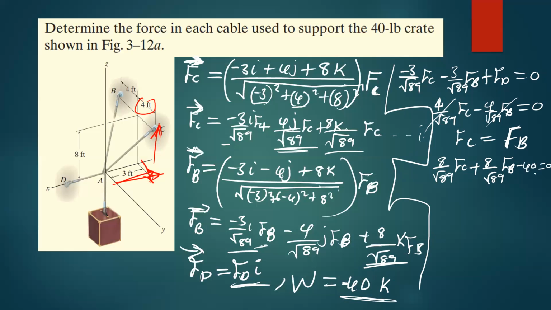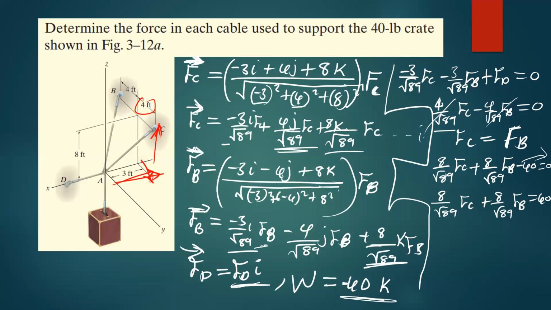We say this is equal to 0. So this can go to that side so that we remain with 8 over the root of 89 FC plus 8 over the root of 89 FB is equal to 40. So this is what we have.